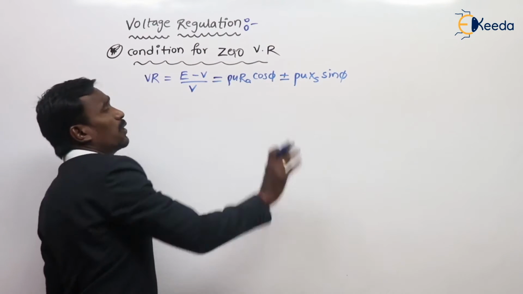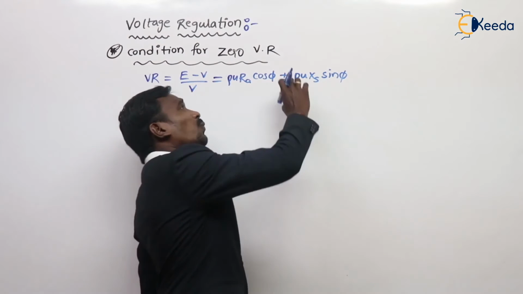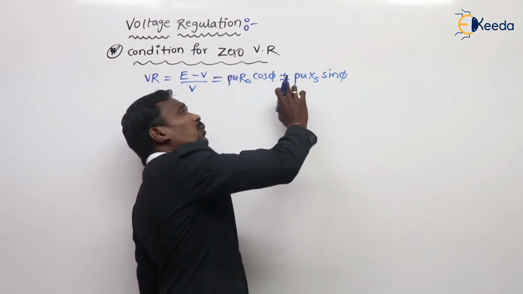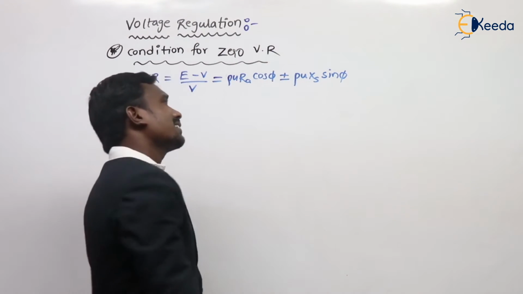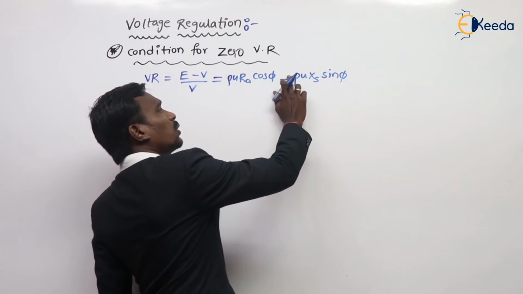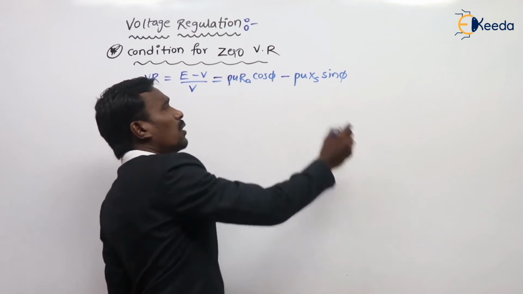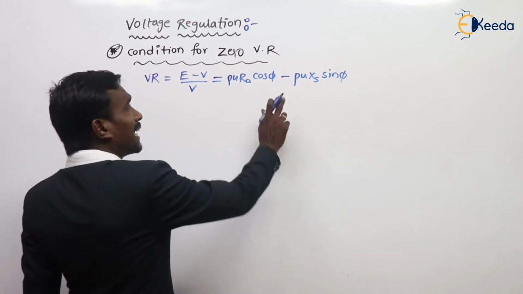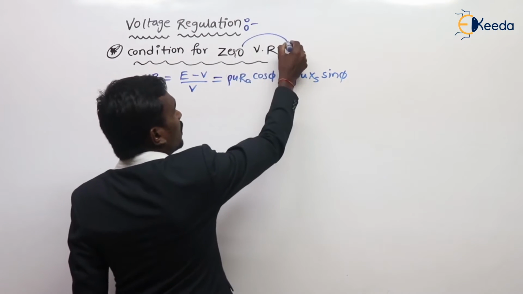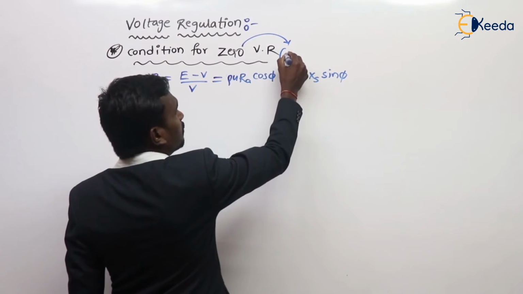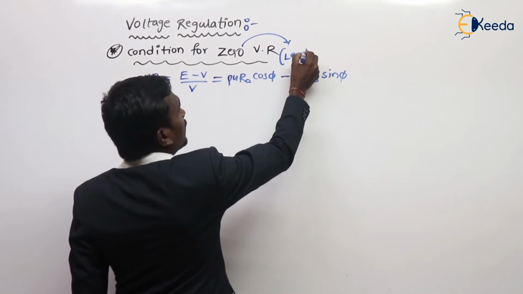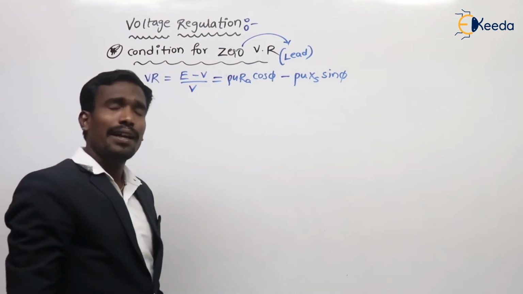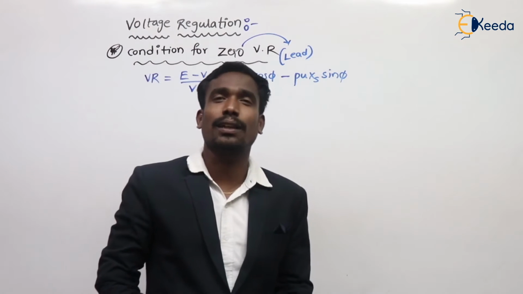When can we get zero? For positive or negative? Exactly, for negative only we can get zero, otherwise it is not possible. So negative means the zero voltage regulation will take place in what load? In leading load or lagging load? Exactly, in leading load only.